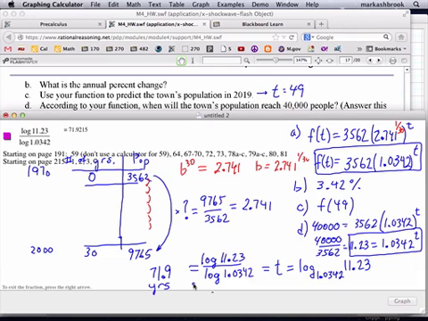The year 2041? Near the end of the year 2041, we'd hit 40,000, if this growth pattern continued exactly the same way.